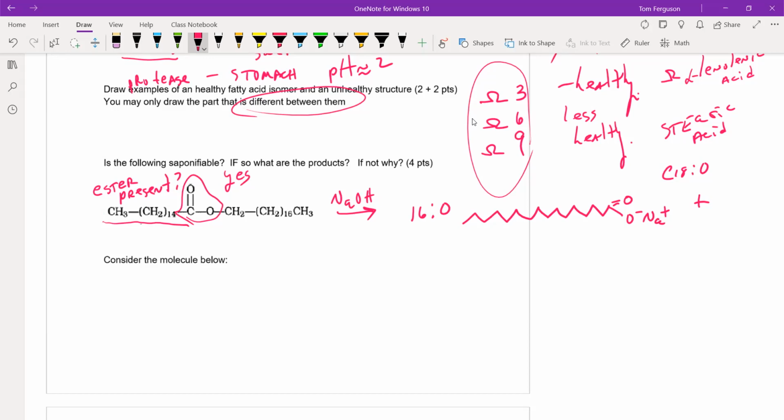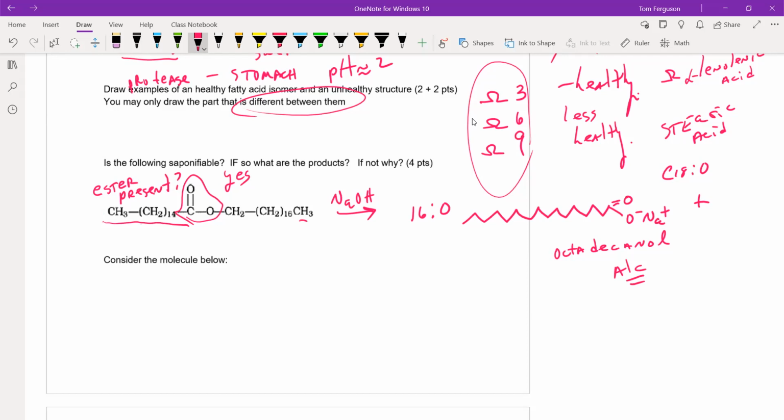So we're looking at an 18-carbon alcohol, octadecanol.